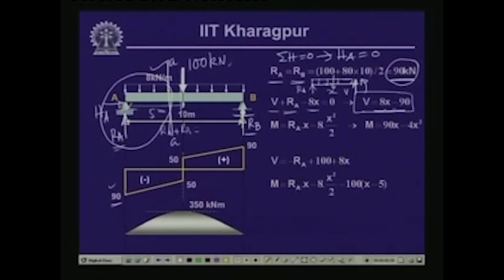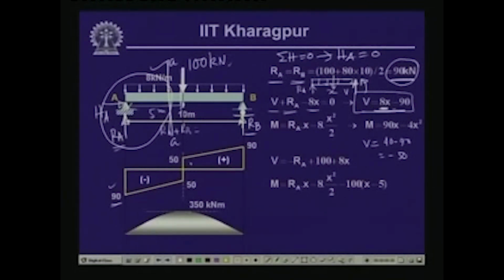Now, at x equals 5, that means just before this concentrated load, if we calculate the value of the shear force, for x equals 5, V is equal to 5 times 8, which is 40, minus 90. So, this is equal to minus 50. So, the value at this particular point is equal to minus 50.